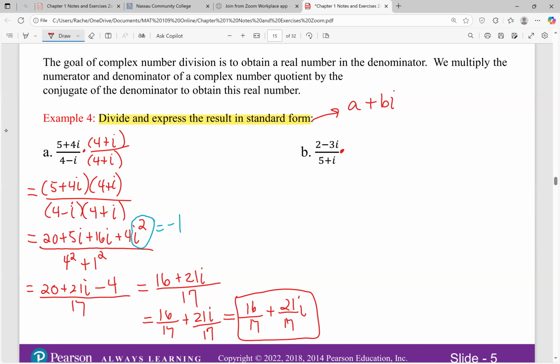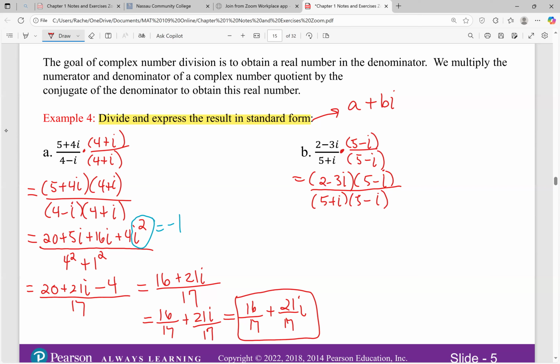The conjugate's going to be 5 minus i. So I'm going to multiply the numerator and the denominator by 5 minus i. So we're going to have 2 minus 3i times 5 minus i, and we're going to divide that by 5 plus i times 5 minus i.